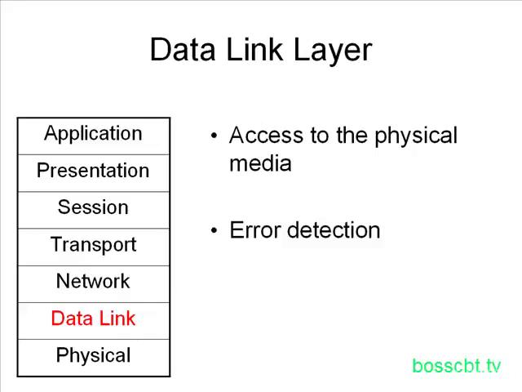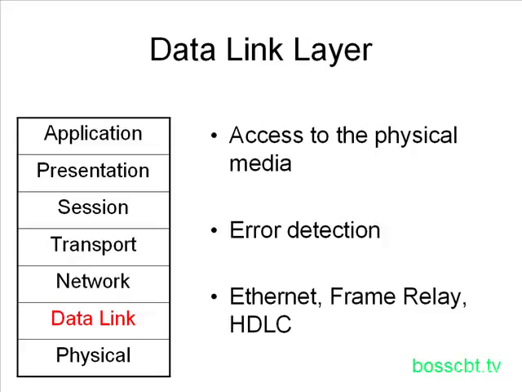One of the services delivered at the data link layer is error detection. Now, the error correction is not handled here. That's handled at the transport layer with TCP. But error detection, very simply, did an error happen when this data was transmitted or not? That functionality can happen at the data link layer.